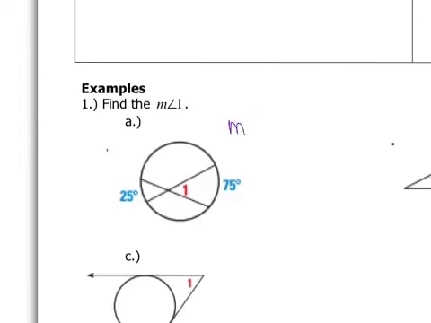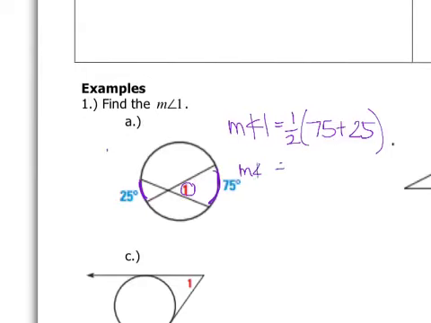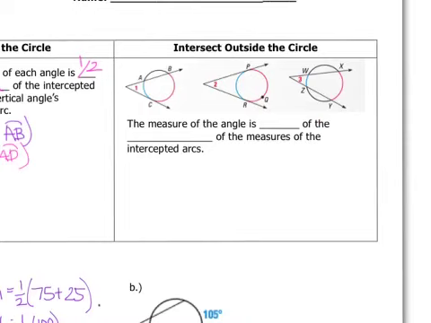So we can say that the measure of angle 1 is equal to 1/2 of its intercepted arc, which is 75, plus its vertical angle's intercepted arc, which is 25. You're given everything that you need to know here, and then it's just a matter of simplifying this down. So 1/2 of 100 is 50 degrees. Don't forget your degree symbol. All right.